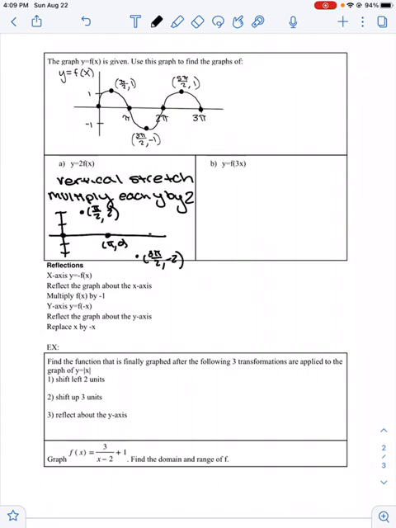Then 2 pi. Then we have 5 pi over 2 comma 2. And then 3 pi. And connect our points.